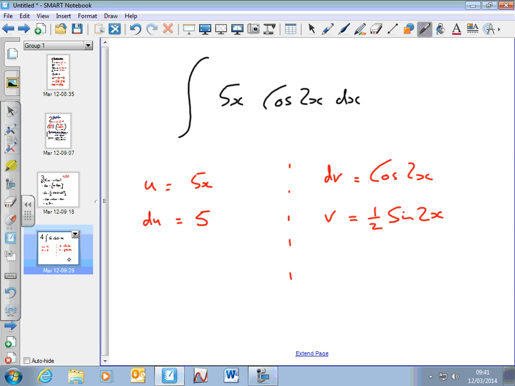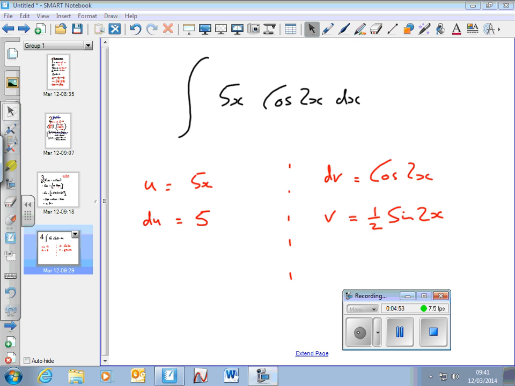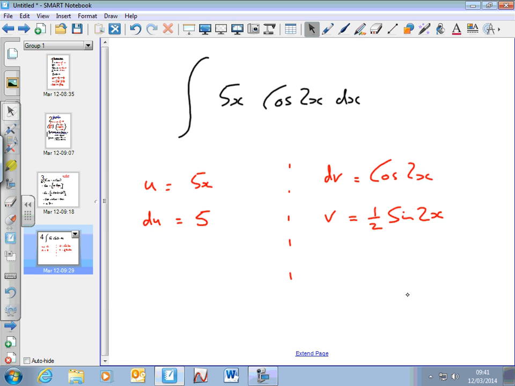So we're now looking at another example. In this example, and this is the way the method works, it always works this way, that's the beauty of it, I've got to decide to call one bit u, and in this case I'm going to let that be 5x. The bit I call u is, hopefully, when I differentiate it, going to mean that the x disappears, and it does.